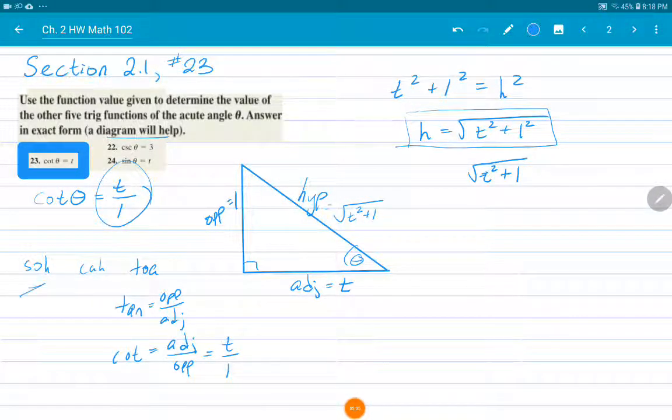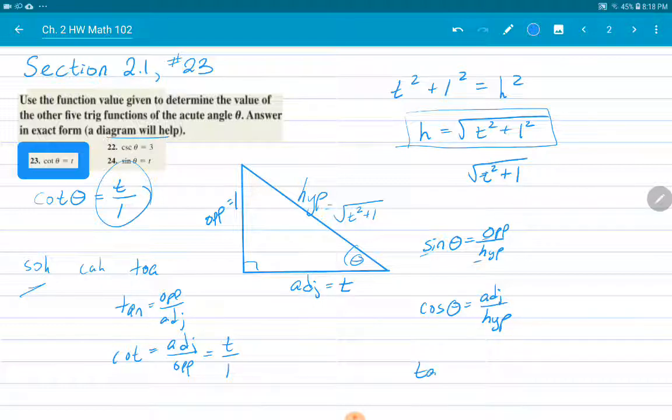So from SOH CAH TOA, I know that the sine of theta is opposite over hypotenuse. That's the SOH. And then cosine of theta is adjacent over hypotenuse.